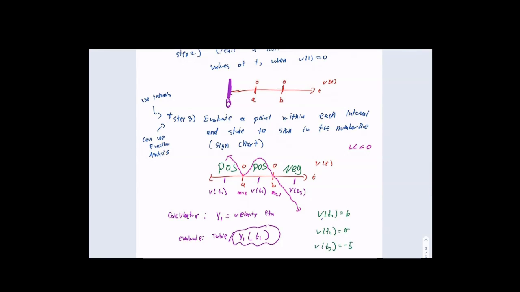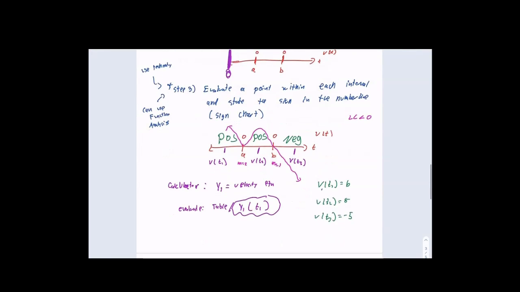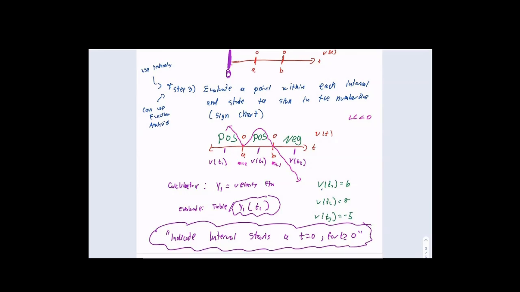So you'll see me do that. Indicate interval starts at t equals 0 for t greater than or equal to 0.